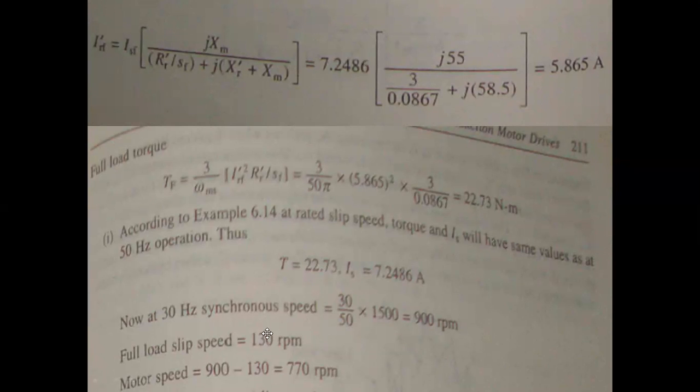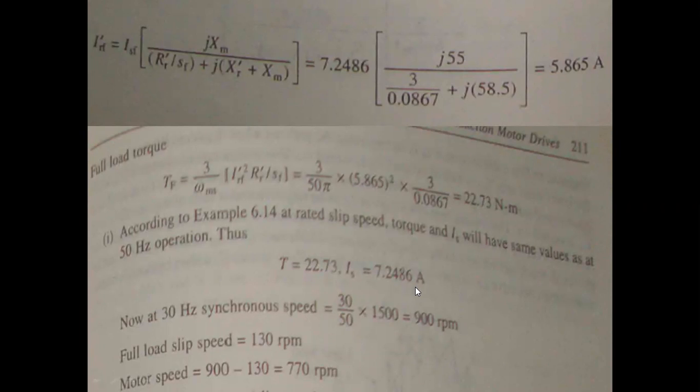Okay, now the first, second, third, fourth parts we will calculate by keeping all the data together with us. See, according to example 6.14, at rated slip, speed, torque and current will have the same values at 50 Hz operation. Thus we can write torque as 22.73 and stator full load current as 7.2486 amperes. Now these values are at 50 Hz.